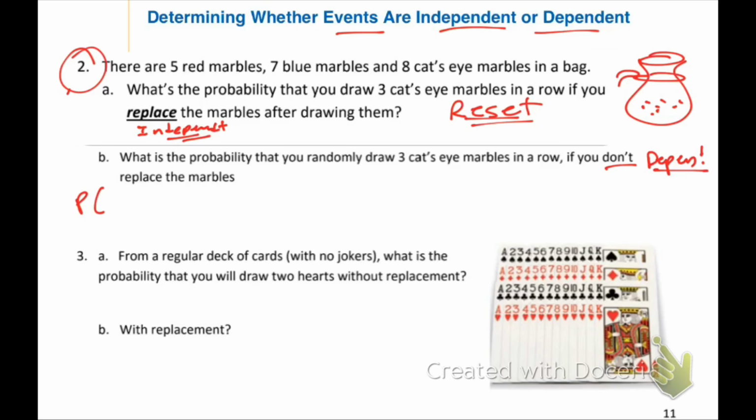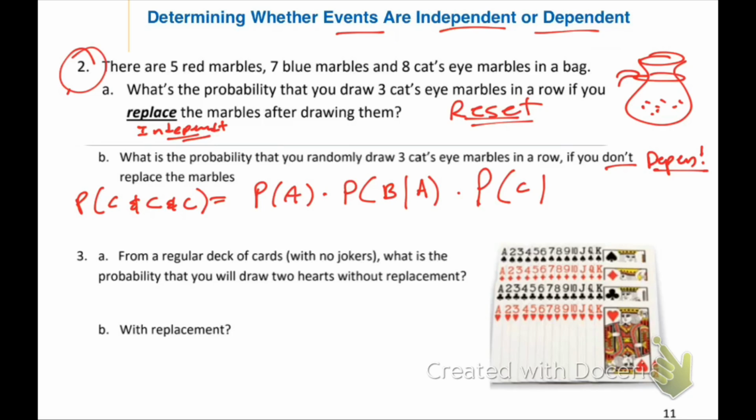We say 3 cat's eye marbles in a row, so C, C, and C. Well, the actual notation is going to be really long because you're going to do P of event A times P of event B, given that A occurred, and then the probability that C occurs, given that A and B occur.